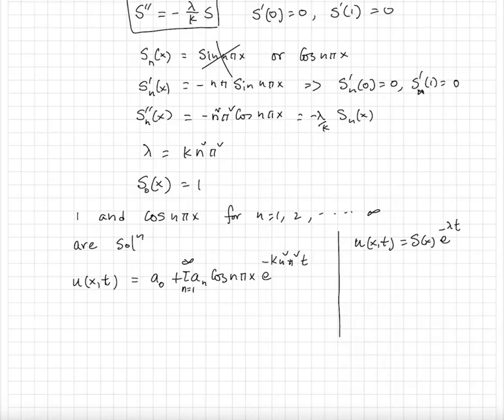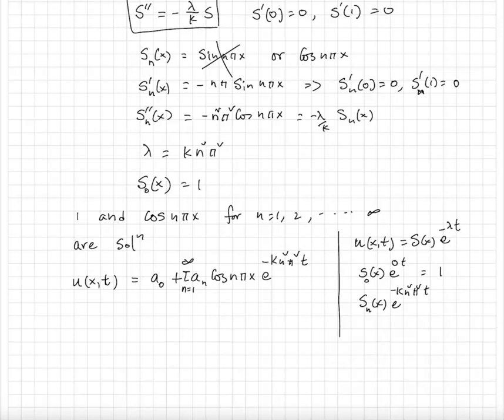One solution would be S_0(x) e to the power minus 0 t, which is just 1. The other solutions are S_n(x) e to the power minus k n square pi square t, and S_n(x) is cos n pi x.